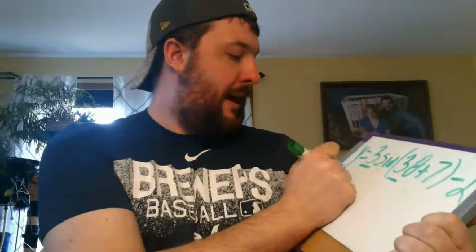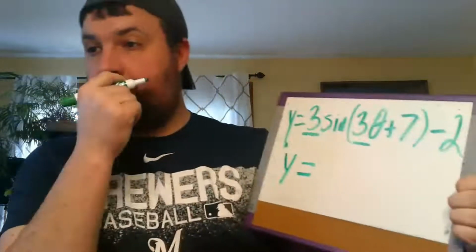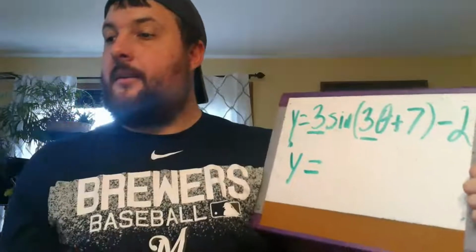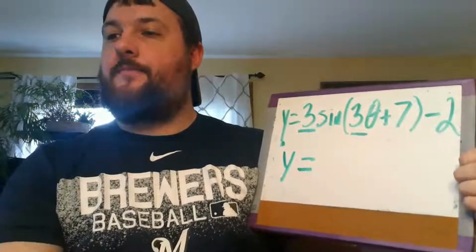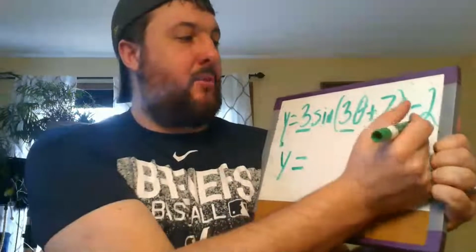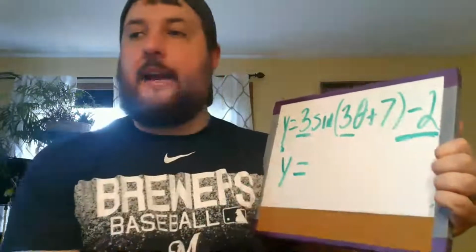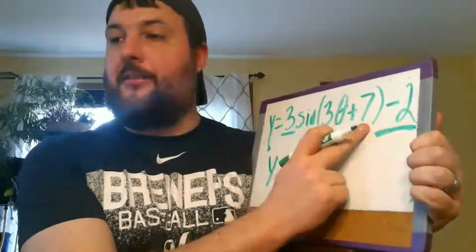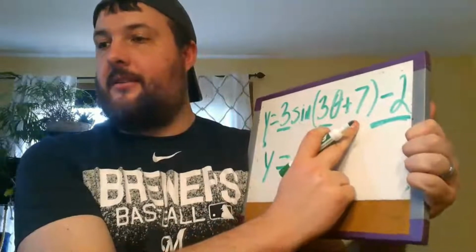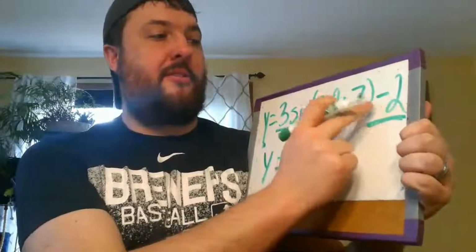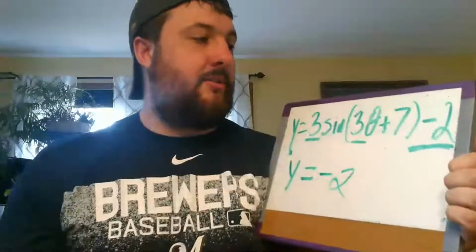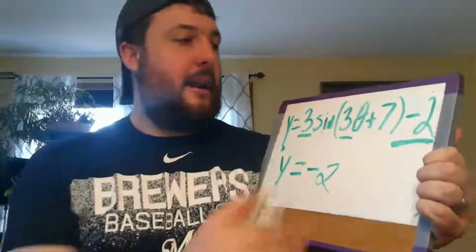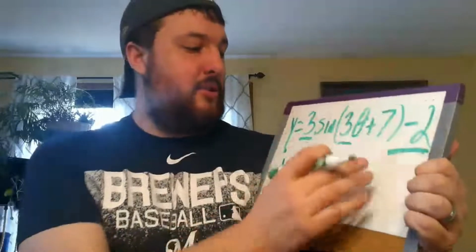It's always y equals, whatever number you're adding or subtracting outside of the parentheses, right? So it's outside of the parentheses. What are you adding or subtracting? This is in case it's -2. So it's -2.